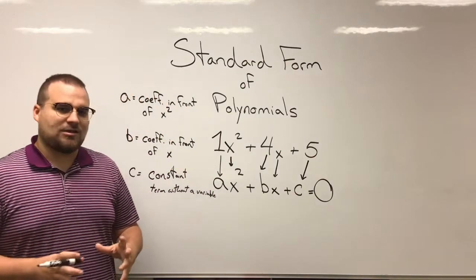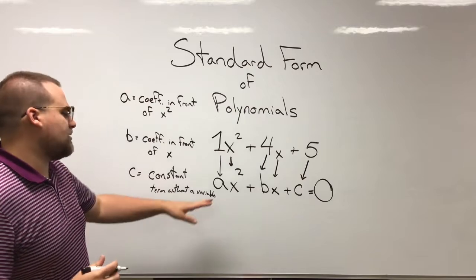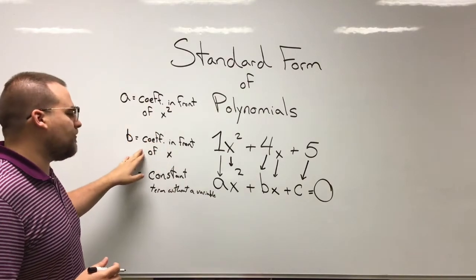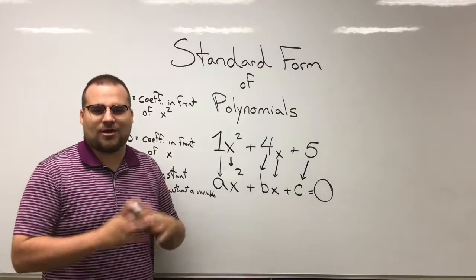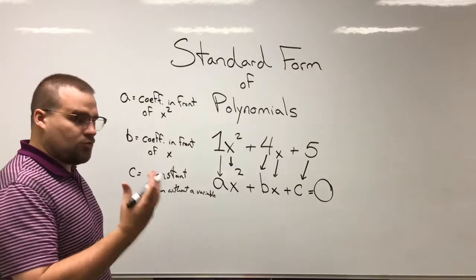So if you take anything away from this video about standard form, recognize that the A is the coefficient in front of the x squared, B is the coefficient in front of the x, and C is the constant. Sorry, I get on a roll with coefficient there and keep wanting to call it that. We'll do one example here.